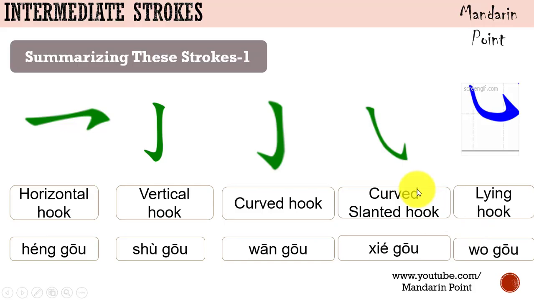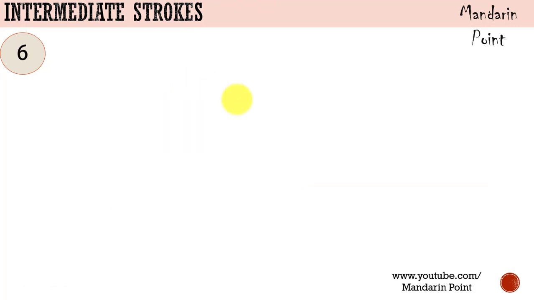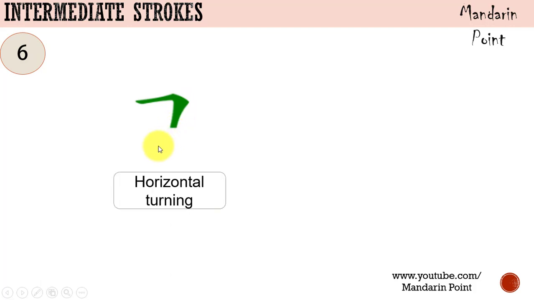Okay, till now we have studied those strokes which have a hook at the end, but now we are going to change the pattern and we are going towards another one. This one is a horizontal stroke with a sharp right angle, so we call it horizontal turning.